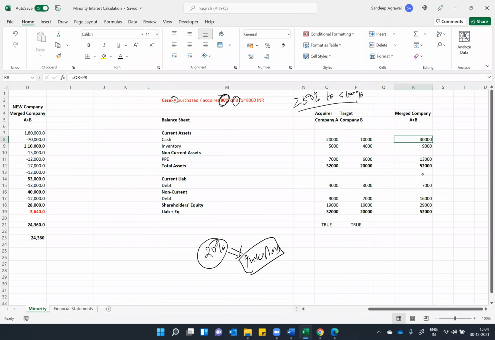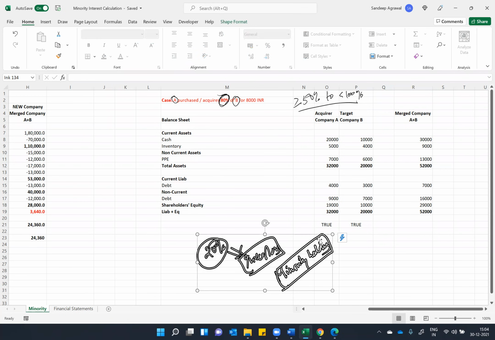It can be a single person, or it can be a group of investors. We call them minority holders. So how will we show it in our balance sheet?